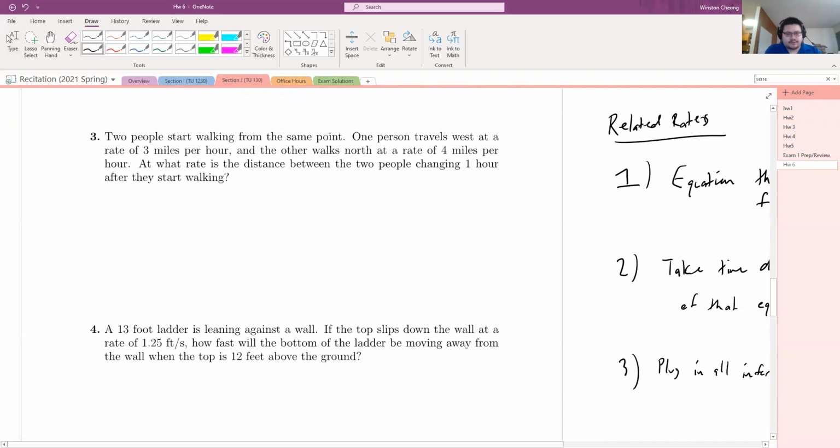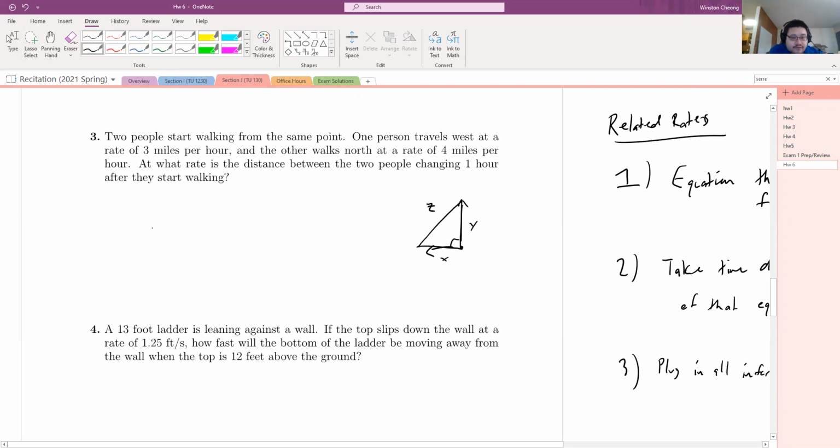But yeah, so let's see. Number 3. In this case, we should draw a picture. There's a person traveling west, and a person traveling north. This is going to end up being a triangle. Once we get a triangle, the first thing I do is call this X, this Y, and this Z, just to match up with the coordinate axes.